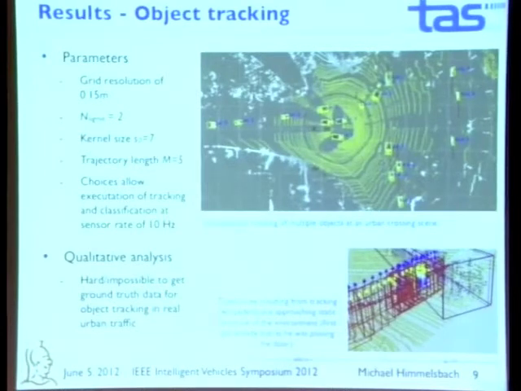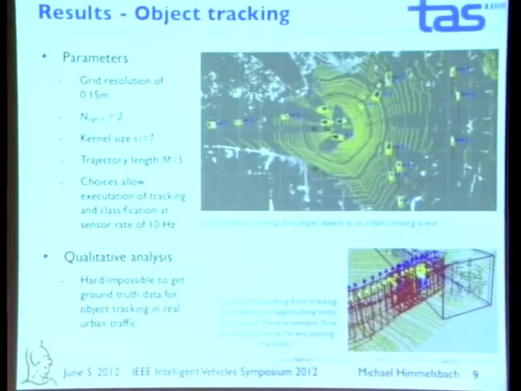So this slide now shows some examples of results for the object tracking using the system. I don't want to explain all the choices of the parameters involved, but just let you know that these choices actually allow execution of tracking and classification at the rate of the sensor, 10 Hertz. Unfortunately, doing a quantitative analysis is hard for such tracking algorithms, because you can't get ground truth data for all these objects.